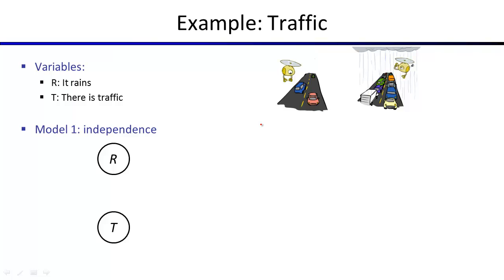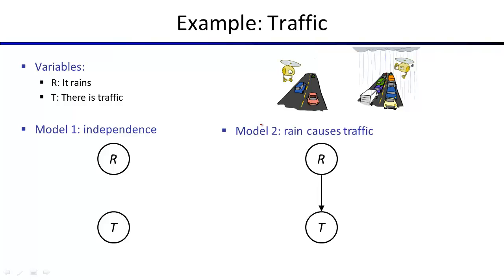If you want to make more assumptions, you can say they're completely independent. You have a graph like this. If you want a more realistic model with more arcs, which means a more expensive model to work with, you would have rain cause traffic as a very reasonable model for this particular domain. This is a choice though, and it'll depend on what problem you're solving, which model you'd want to work with. Usually though, in this case, you'd want this model over here.